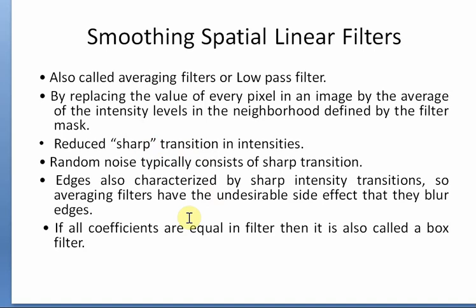After reducing these sharp transition intensities, obviously the image is blurred. That means values like 10 to 20, 10 to 50, you just adjust the intensities.